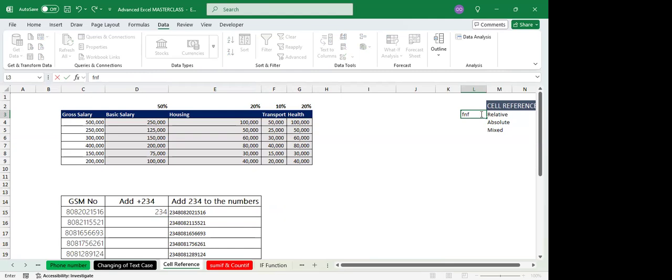FN F4, and another F4, and another F4. Now, check your screen, everybody.